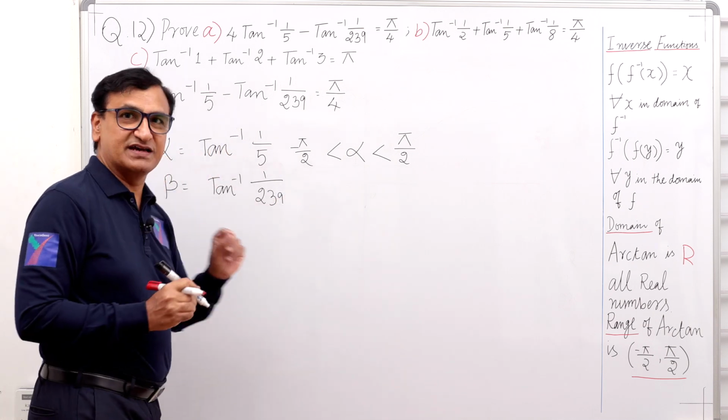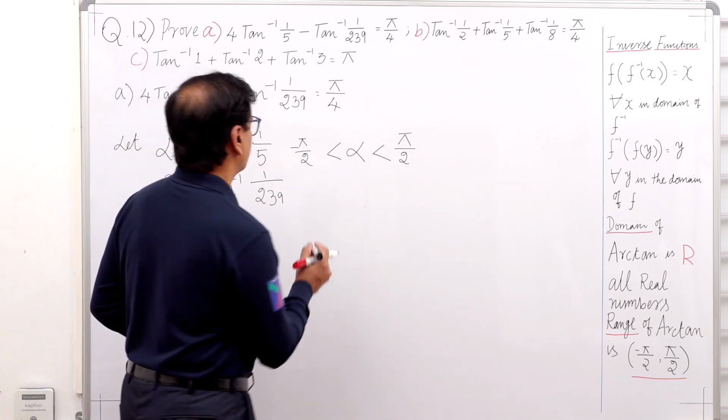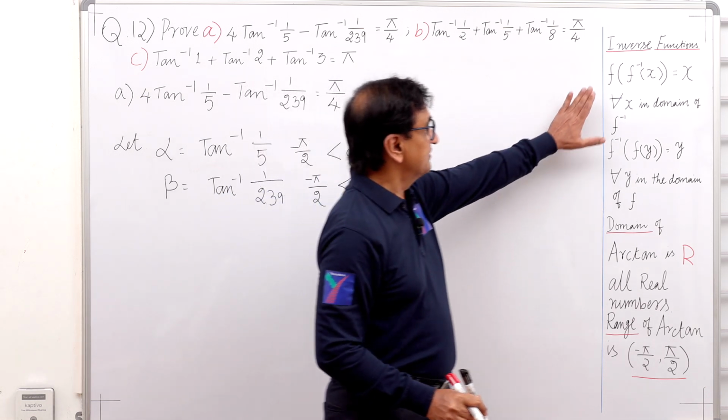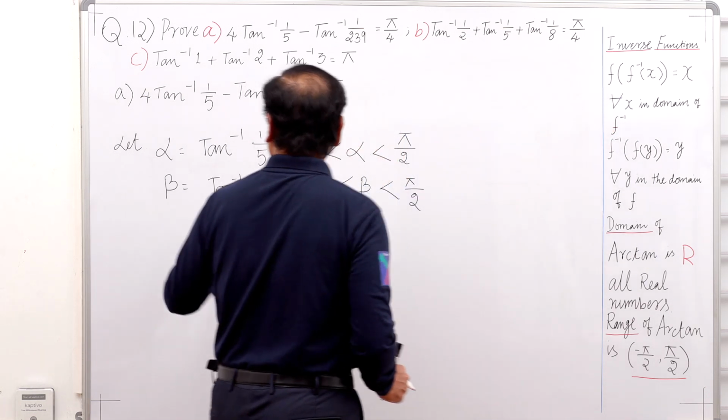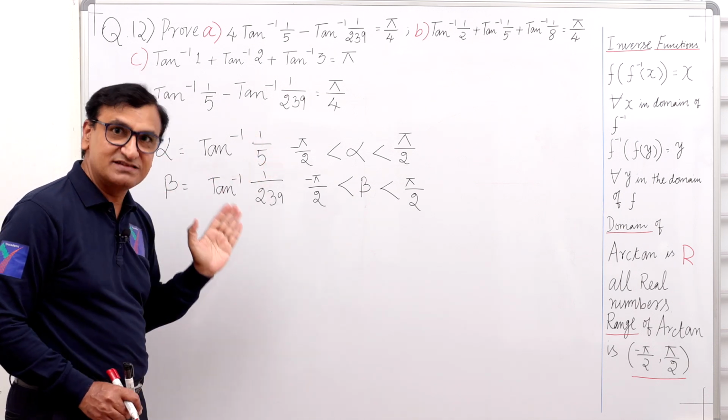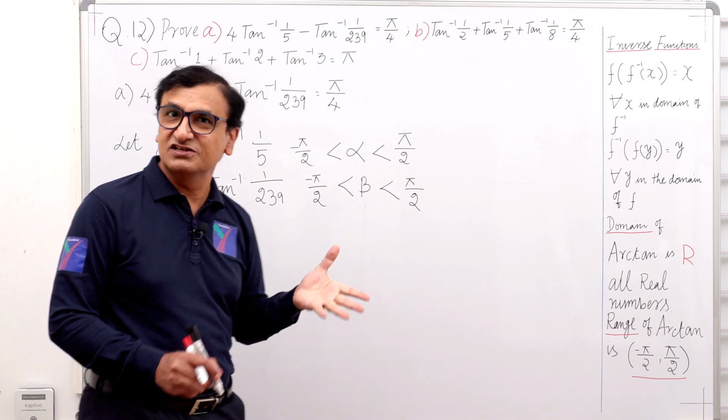And similarly, beta is also between minus pi by 2 to pi by 2. And as per the properties of inverse function, if alpha is tan inverse of 1 by 5, tan alpha must be tan of tan inverse of 1 by 5, which is 1 by 5.